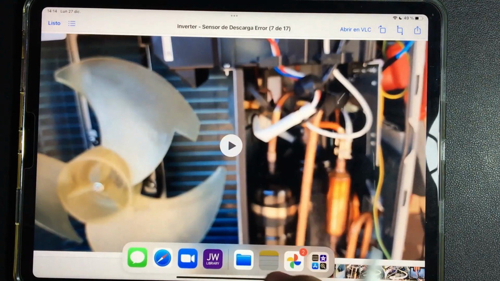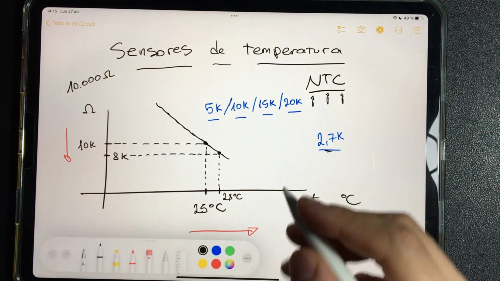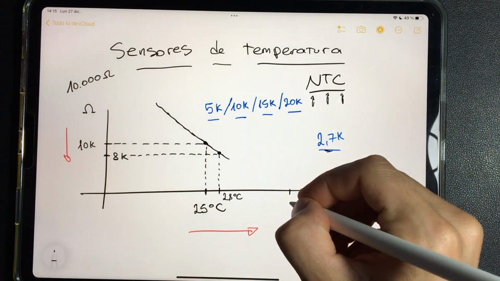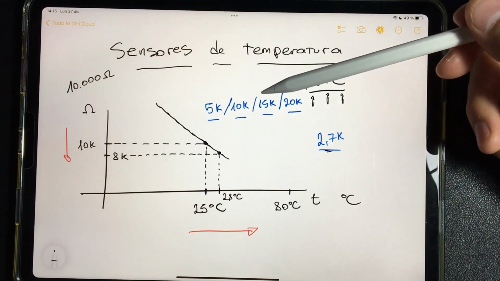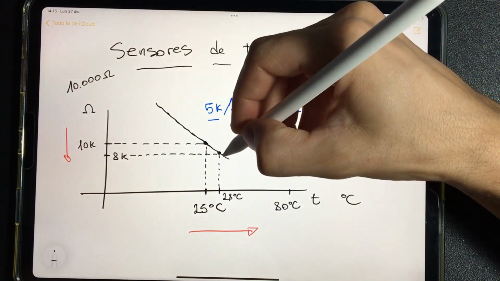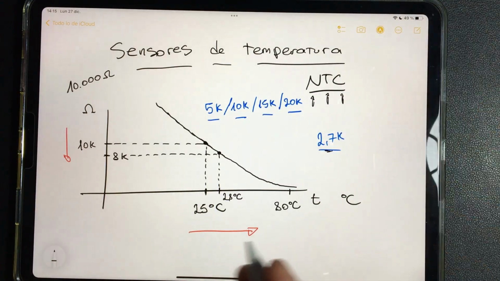Why does it have to be higher in value than the rest? Well, because when it is approximately at 80 degrees Celsius, if we place a sensor of 5K, 15 or 20, it will be in a resistance range so low that the board that measures that temperature actually measures it with a small voltage of 5 or 1.2 volts.